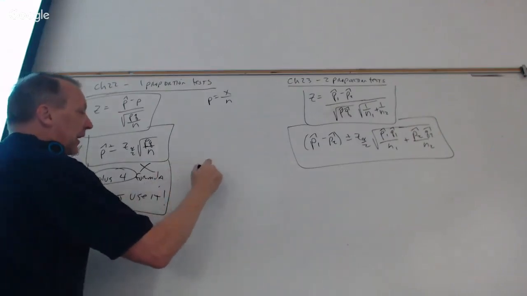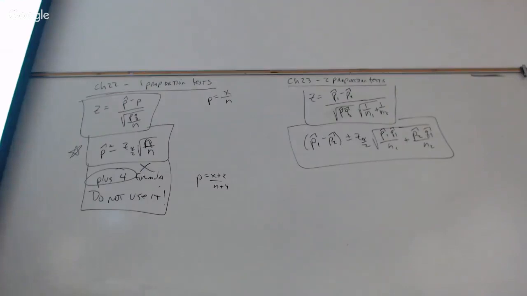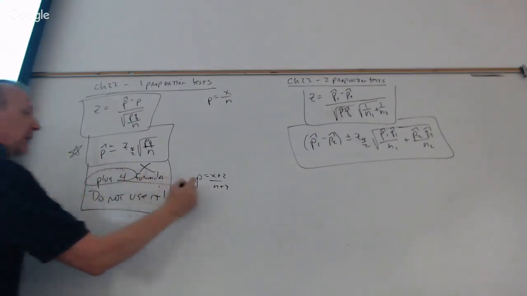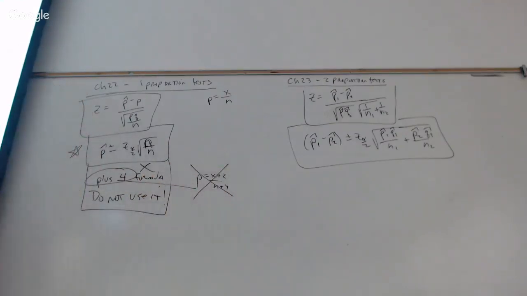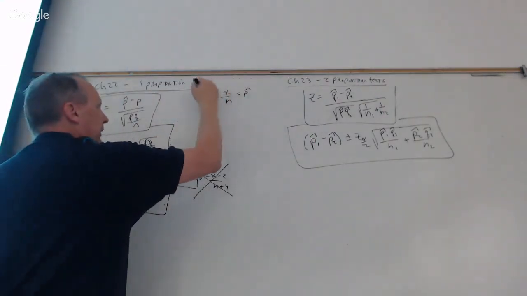It's p equals x plus 2 over n plus 4. Why are we just adding those two numbers arbitrarily? It's dumb. Okay? That's what the +4 formula is. Don't use it. Just use x over n. And that p hat also equals x over n, by the way.